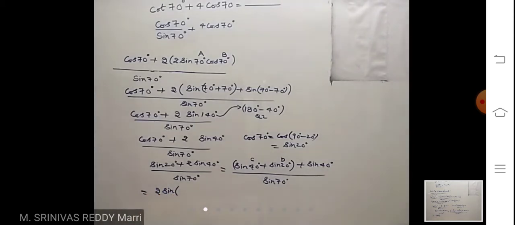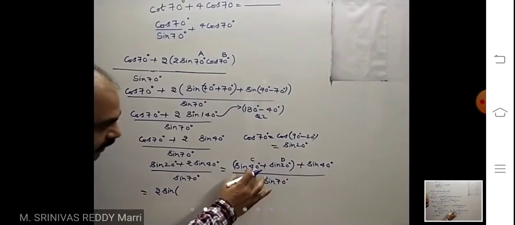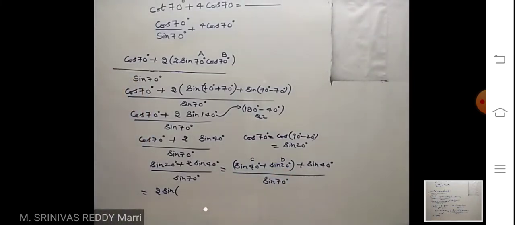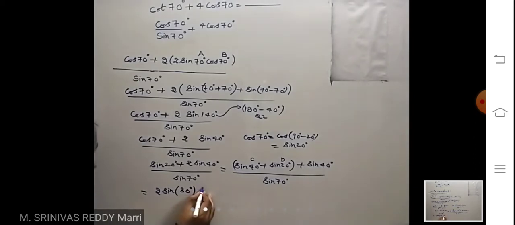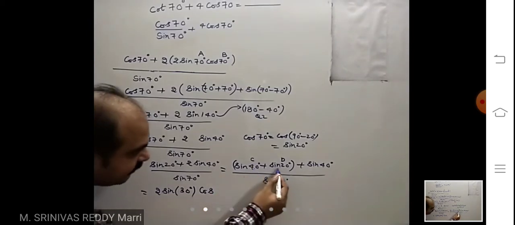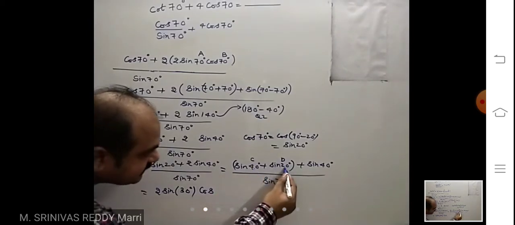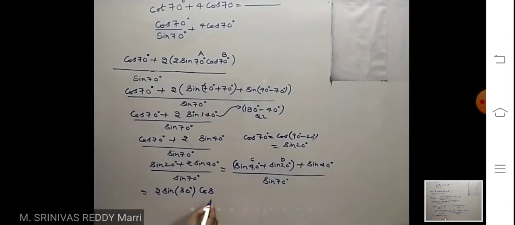What is the formula? 2 sine C plus D by 2. What is C plus D? 40 plus 20 is nothing but 60 divided by 2. That means 30 degree. 2 sine C plus D by 2 cos C minus D by 2. C minus D by 2 means 40 minus 20 divided by 2. That means 10 degree you will get.